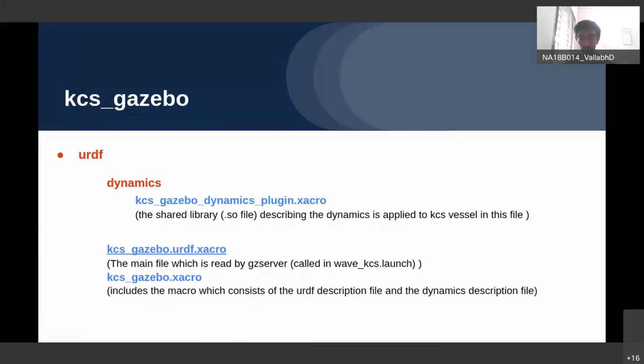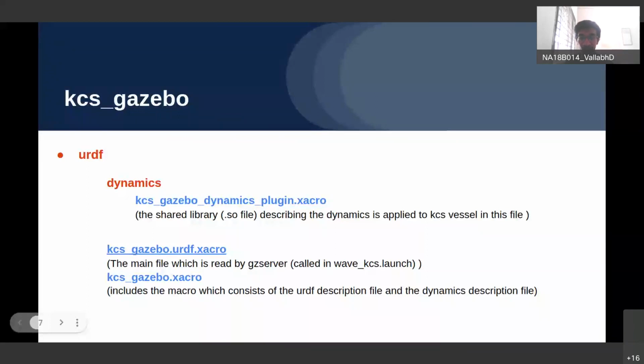This launch file includes all information about that. And this KCS gazebo.urdf.xacro file needs to be present in this launch file. We have to call it, and it will be read by the GZ server to simulate the physics of the vessel.